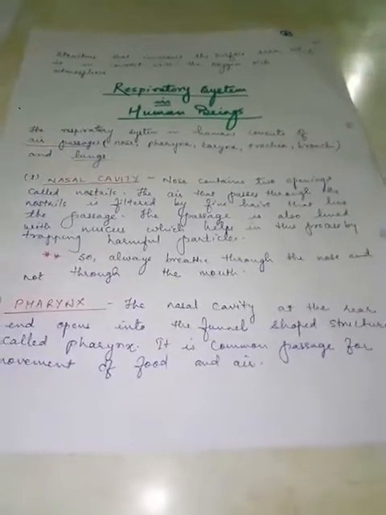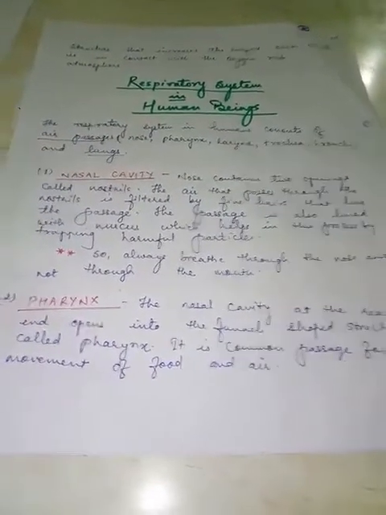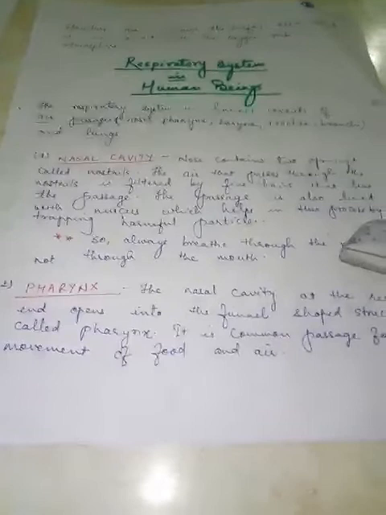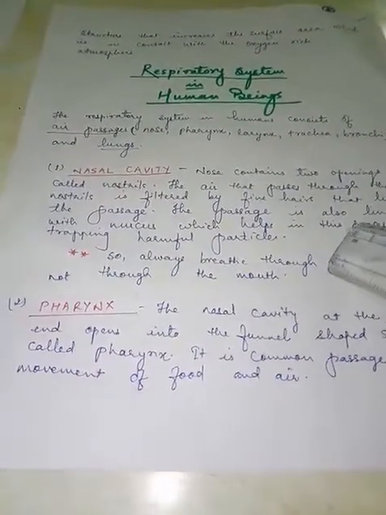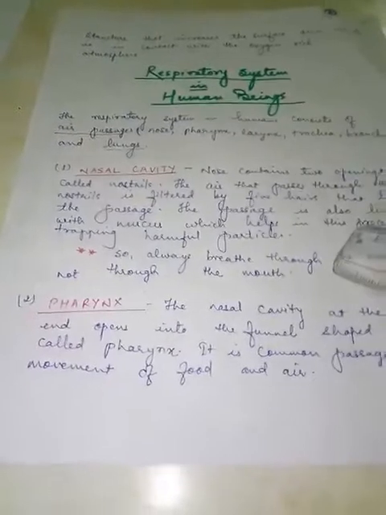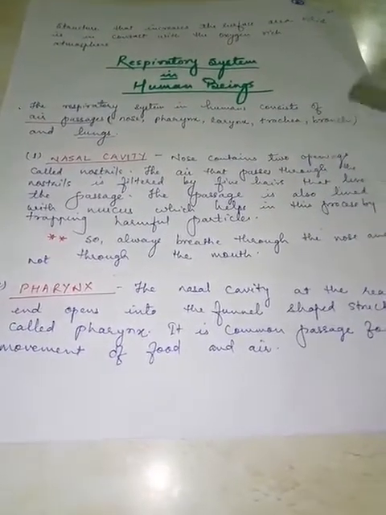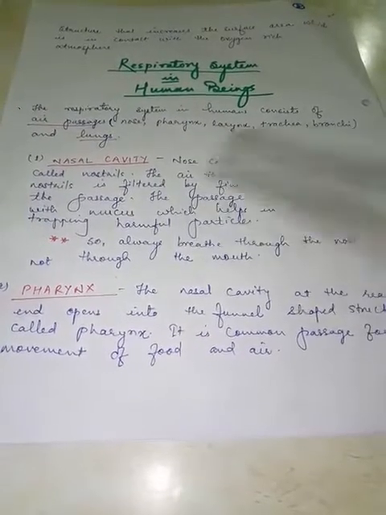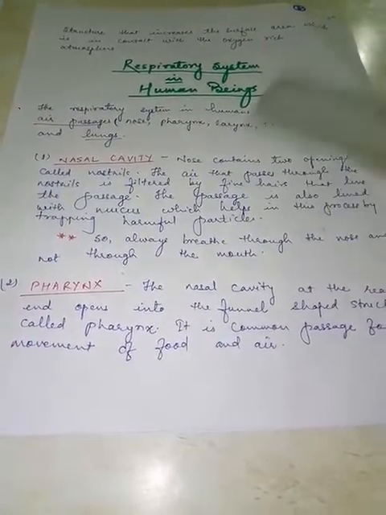And that is why you are told to breathe through your nose and not through your mouth, because if you are breathing through your mouth, all the harmful particles will get entry inside the body, isn't it? So always breathe through your nose, because inside the nose there are certain structures which filter all these harmful things.